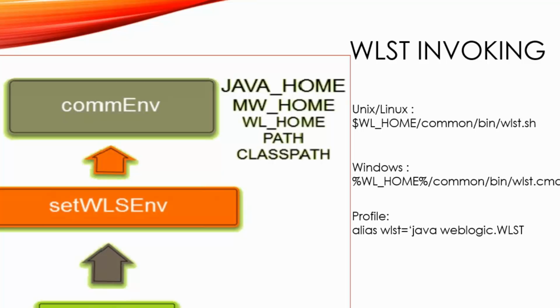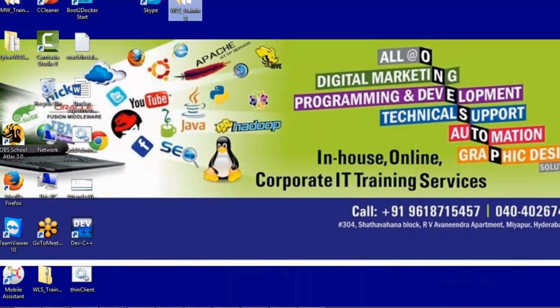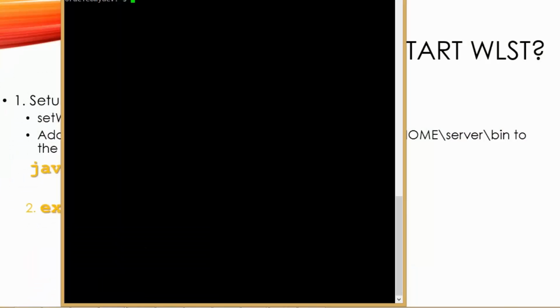So what you can do in the profile: whenever you open a terminal or a putty session, you are connecting as one user, and one user has one shell. That is called the login shell. Whenever I connect to a Linux box, by default it connects to the bash shell, so the bash profile is used.